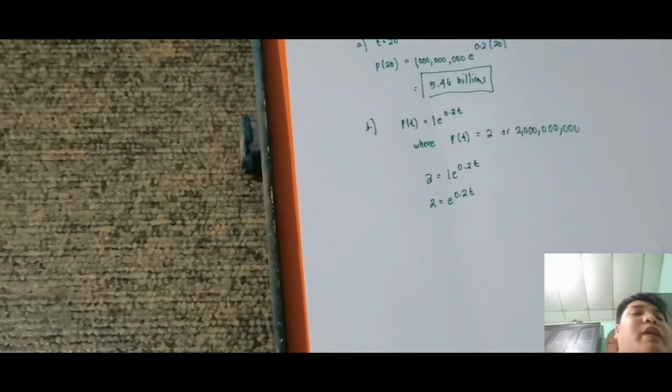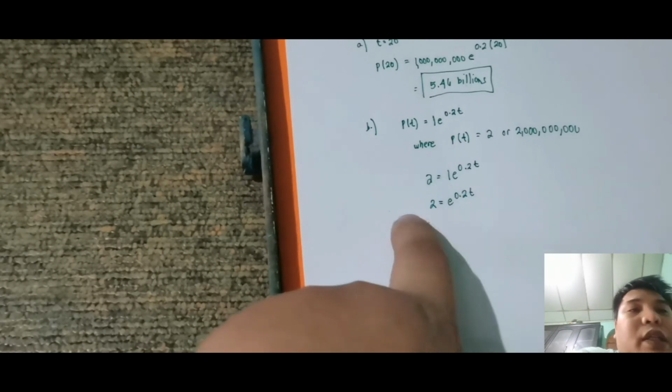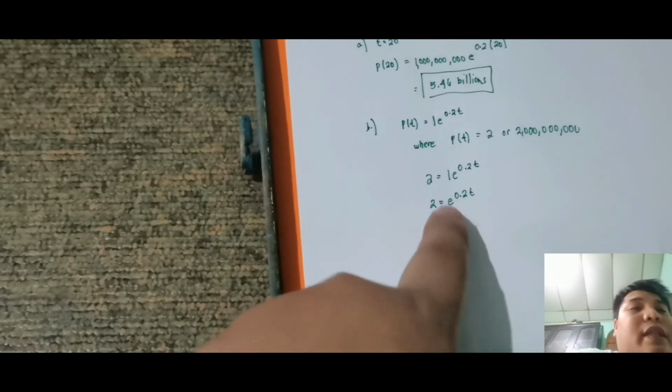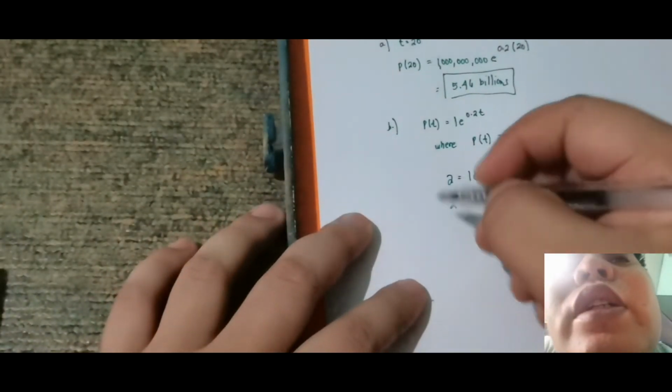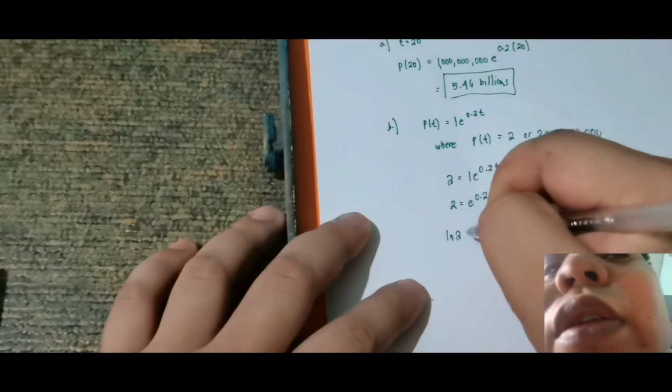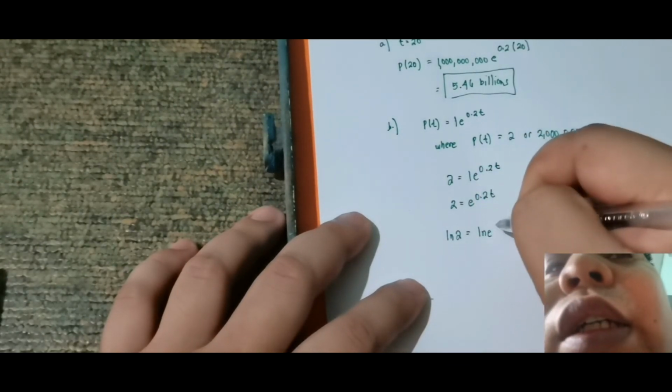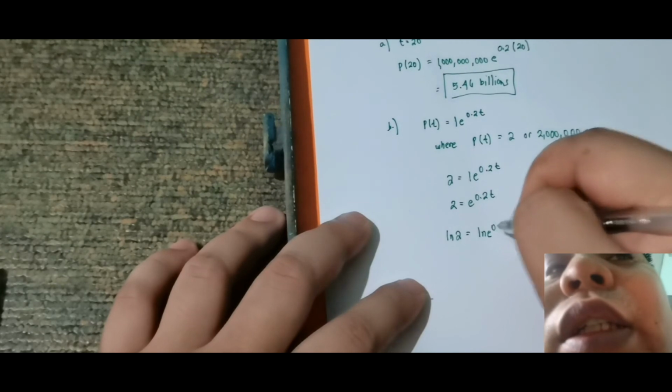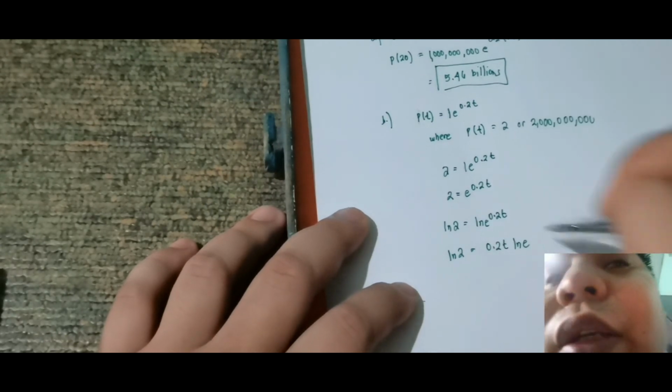Ngayon, anong gagawin? Pag may e, tas may t sa taas, hindi natin kayang gawin, so ang gagawin natin is ln, kasi may e. So, this is just ln of 2 is equal sa ln of e raised sa 0.2 t. So baba natin to, this is ln of 2 is equal sa 0.2 t ln of e.